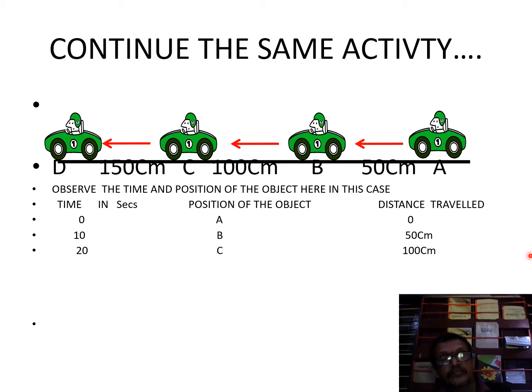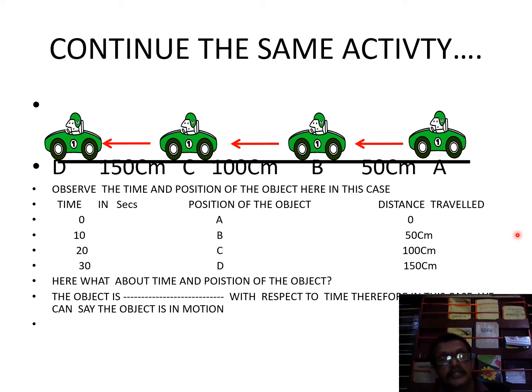Now again, after 30 seconds its position changes to D. That means it moves 150 centimeters. Now you are observing that as time is changing, the object is also moving. Therefore, we can say that the object is in motion.